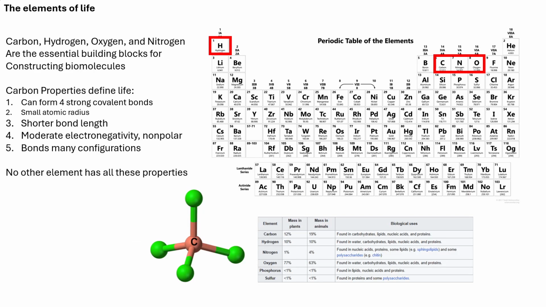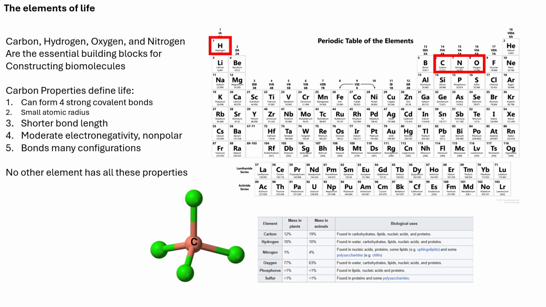So there are a couple elements of life, but some of the most important are carbon, hydrogen, oxygen, and nitrogen. And they can be used in various configurations to basically make everything you need for life. Carbon, of course, is one of the most special elements because without it, there possibly couldn't be life. It has a couple properties that aren't found with any other element, which is why it's honestly crazy that it even exists.